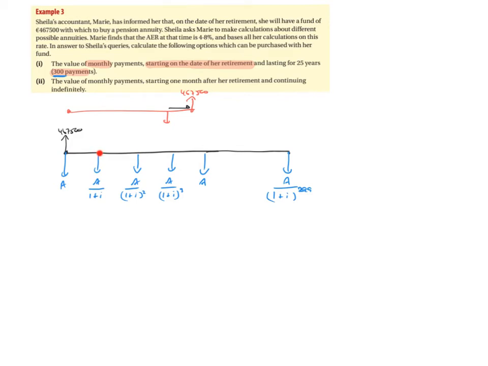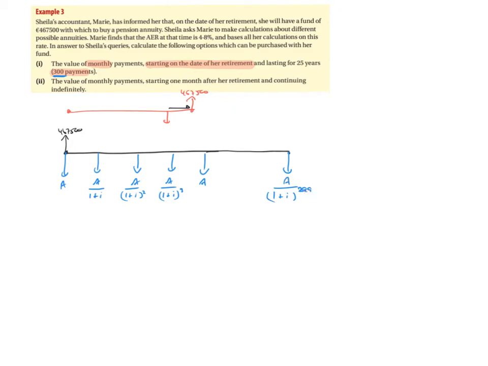So this was discounted once, twice, 3 times, etc. But our first payment is actually on the day, and that's not being discounted at all. Which means that the final payment isn't going to be discounted 300 times because we've already made one payment on the day. It's only going to be discounted 299, i.e. N minus 1. Okay, so a lot of people forget that, and a lot of people go A over 1 plus i to the 300.